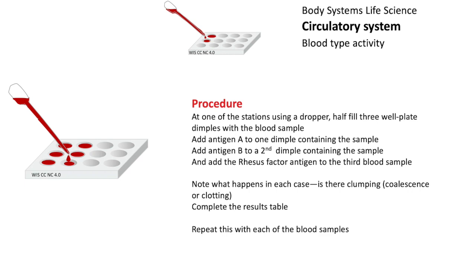Add antigen A to one dimple. Note what happens, any clumping. Add antigen B to a second dimple and the rhesus factor antigen to the 3rd blood sample. And complete the table of results at each blood sample, and then continue with all.